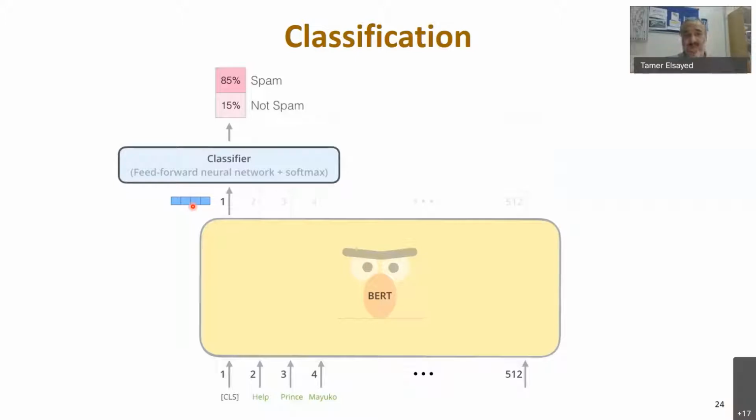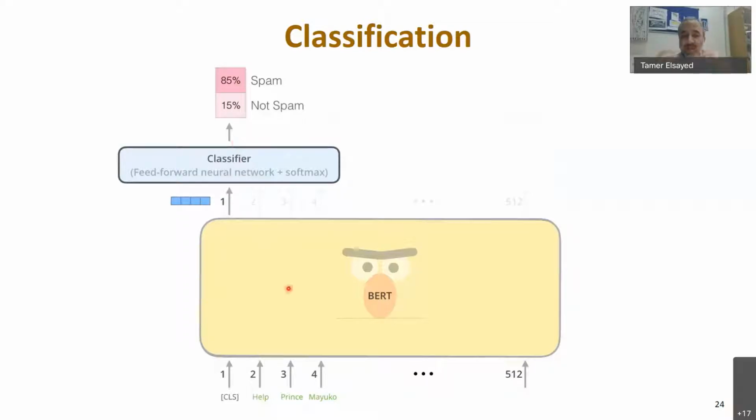So you give it to the classifier, and that classifier will learn a model based on that input, of course, for several training examples, and will learn the classification probabilities. Here, we want to classify whether this is a spam email or not, so the classifier will give us these probabilities. But this classifier is not part of BERT itself, and this is a very important point to understand.